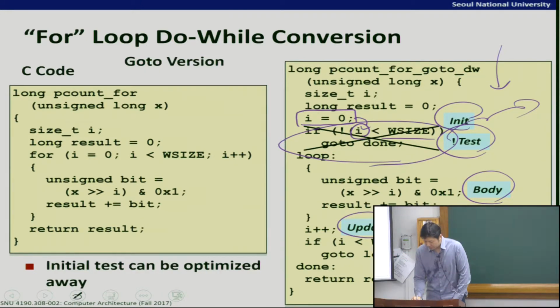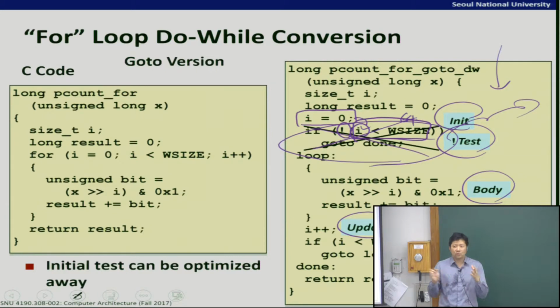If you have an 8-byte value, like a quad word value, this one will be 64. So this comparison always returns true. Actually, always false. Actually, this is always true. So if you take the not of it, this one will always be false. So you never skip this initial loop. You never skip this loop. So in this case, this one can go away. Again, the compiler is smart enough to optimize this unnecessary check away.